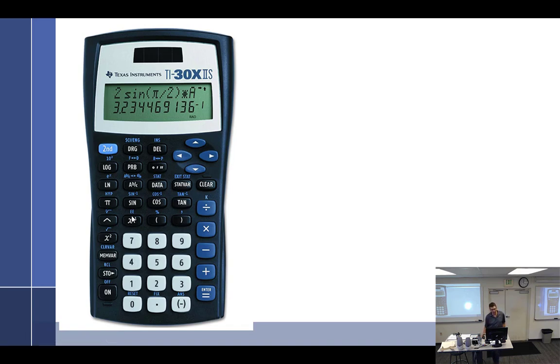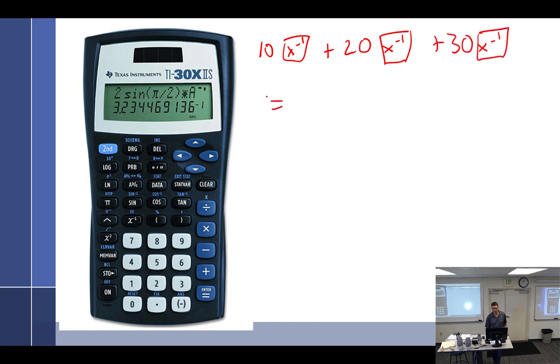Sometimes I'll say 1 over x accidentally. I mean the x minus 1. So we would do 10 x minus 1 plus 20 x minus 1 plus 30 x minus 1, and then hit equals.